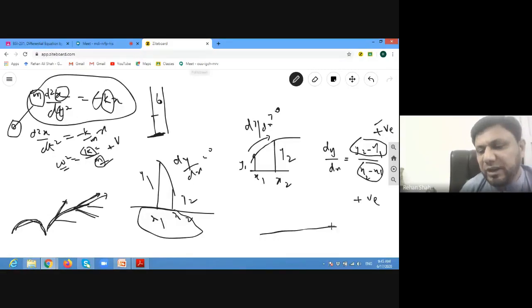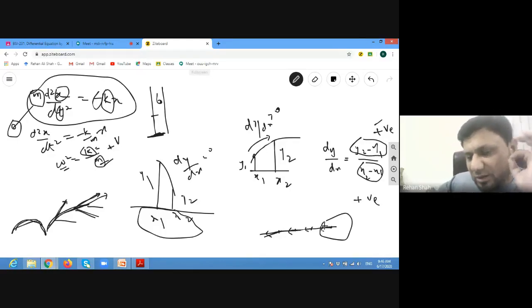The tangent at this point is this one, at another point it is this one, and at another point this one. As the tangent doesn't change its direction, tangent means first derivative, and doesn't change means double derivative. So the double derivative will be zero.